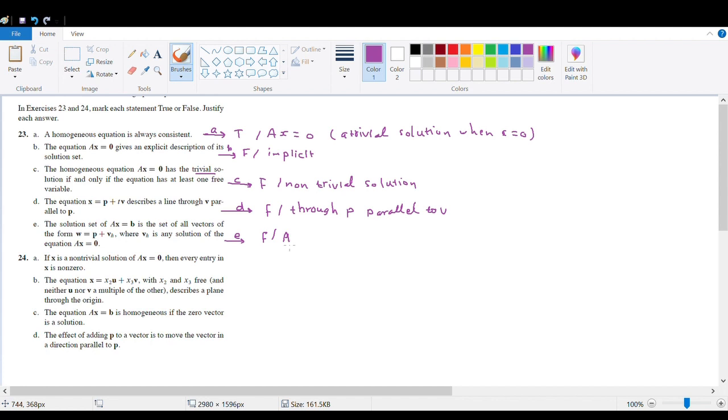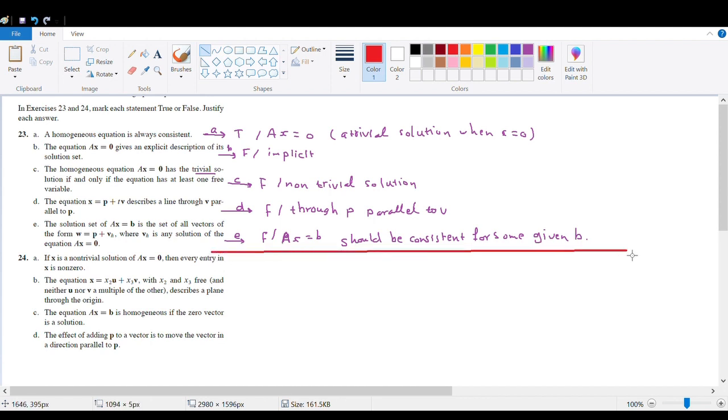Ax is equal to b should be consistent for some b, or for some given b. Because the solution set could be empty, that's why here we need to say that the solution should exist.